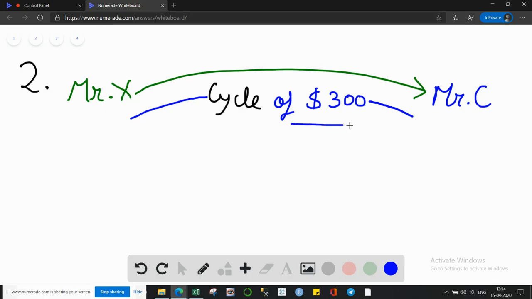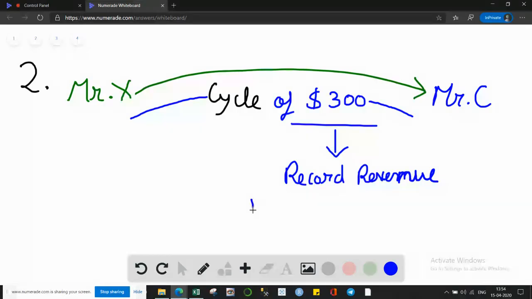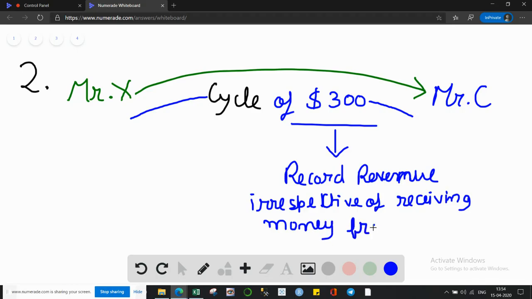Mr. X will record $300 as revenue, irrespective of receiving money from Mr. C. Mr. X will record the revenue of $300 in his financial statements, even if the goods or services have been supplied to the customer and the amount has not been received by Mr. X.